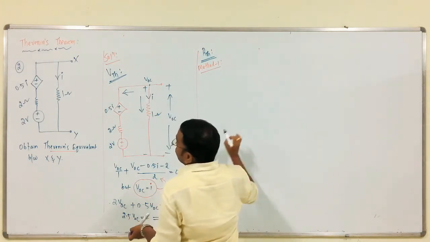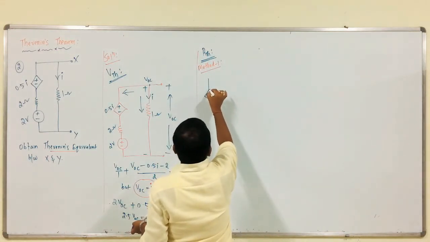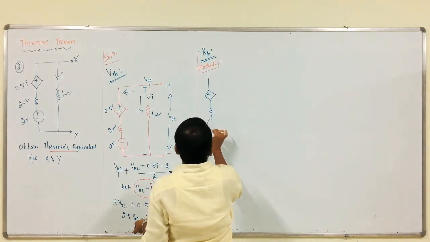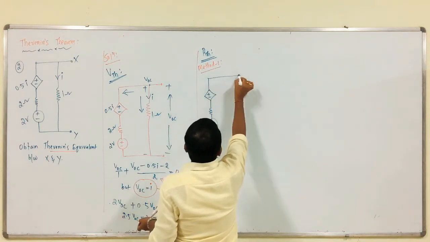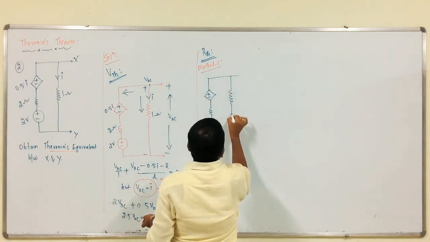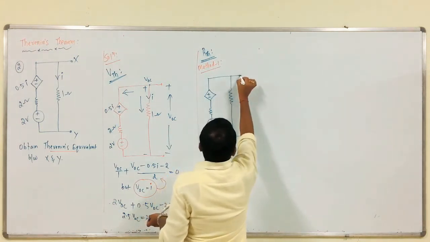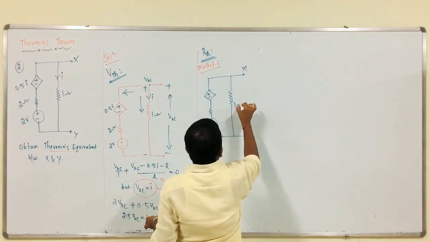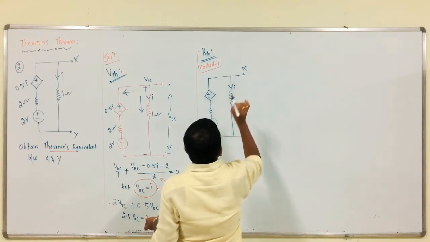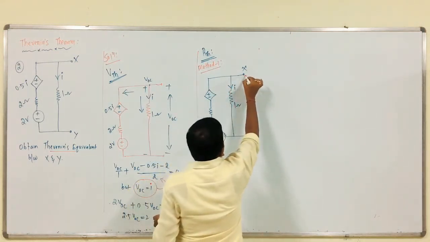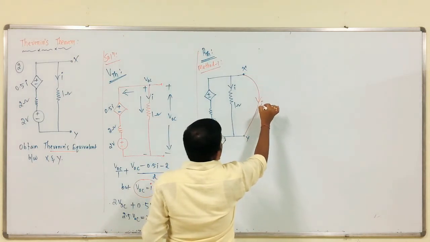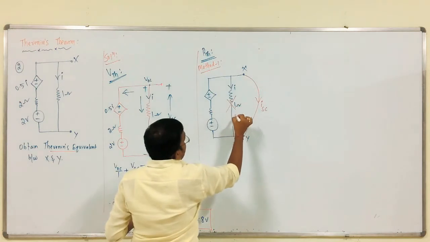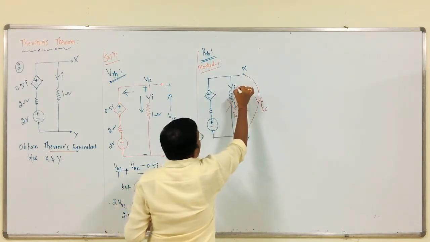We have to short those two terminals, plus minus, and this is plus minus, this is X, this is Y, this is 1 ohm branch, the current through this is I. So, this is ISC. If we short these two terminals, there is no current through this, I is equal to 0, that is I equals to 0.